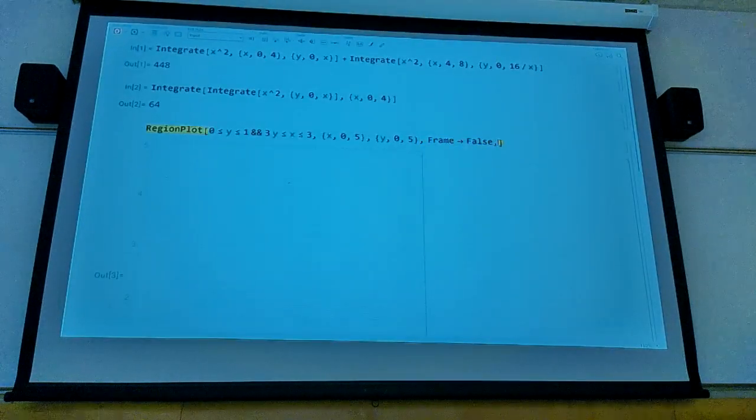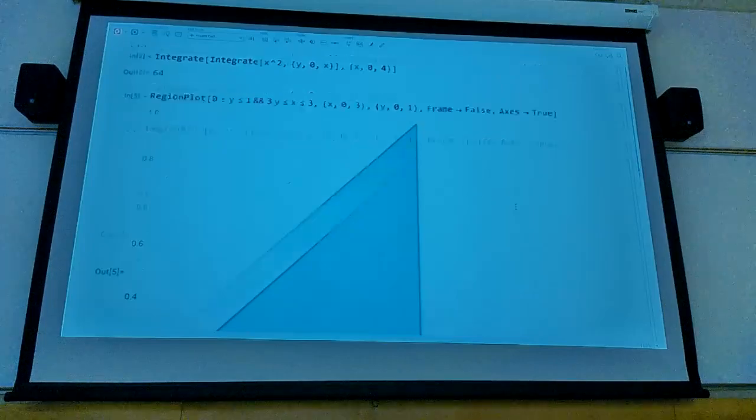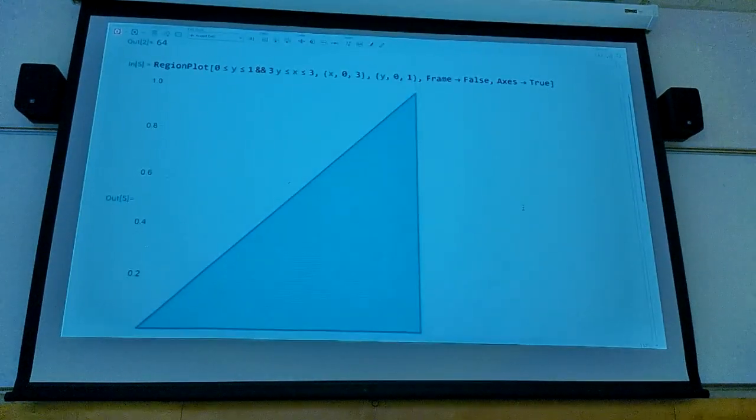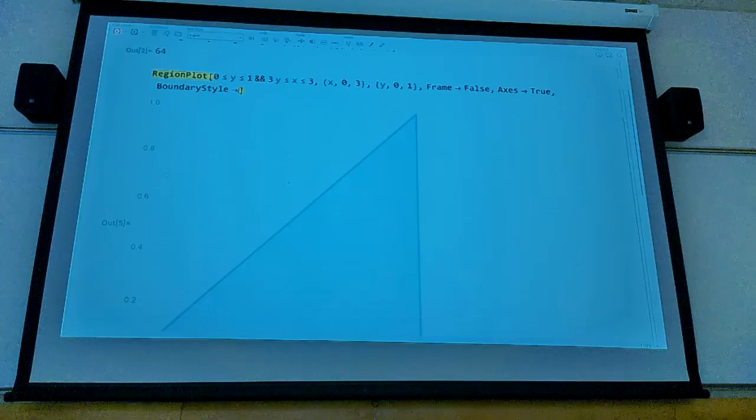Turn off the frame. Turn on the axes. See, that looks better. This is no longer framed. Let's shorten this. It looks like I'll need to go and there, see, now it's corrected. So it's just a quirk with Mathematica. BoundaryStyle are the lines, like the boundary of the region.